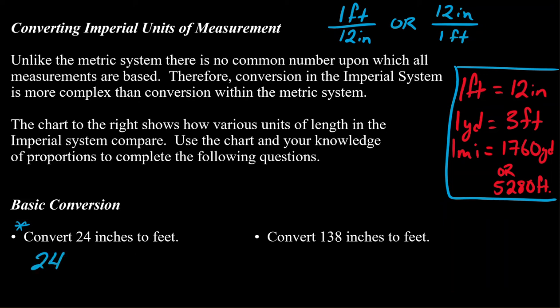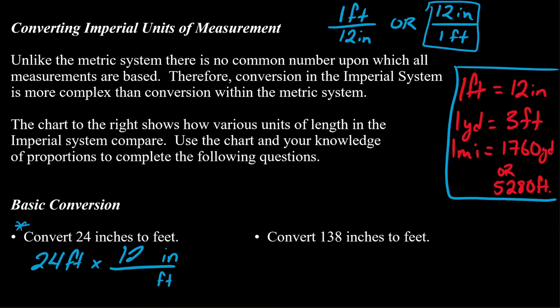So we say, okay, 24 inches, and I'm going to multiply by a conversion factor. I put the desired unit on top, and I put the unit that I want to get rid of on the bottom. We have to have some sort of an equality: how many inches in a foot, or how many feet in an inch? Well, we know that there is 12 inches in 1 foot.